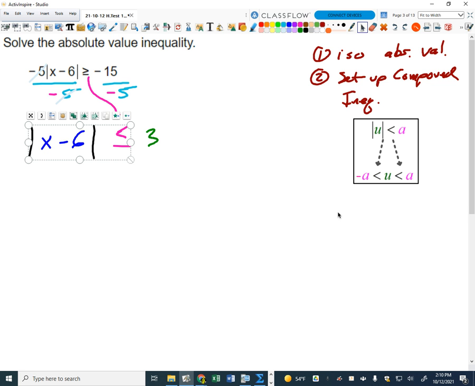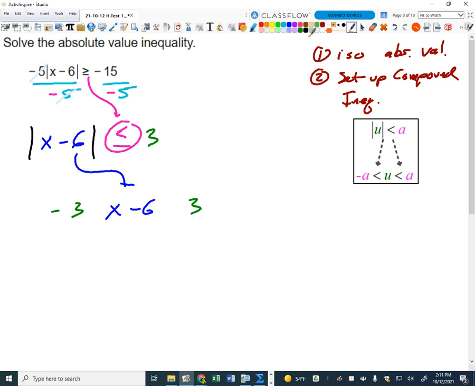It's an and inequality. So in this case, in the middle I get my x minus 6. It's going to be greater than the negative number and less than the positive number. So I'm going to get a negative 3 on that side and a 3 on that side. And because we're doing a less than here, this becomes that.